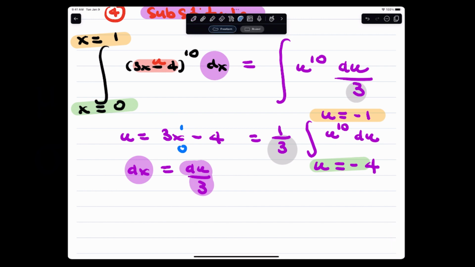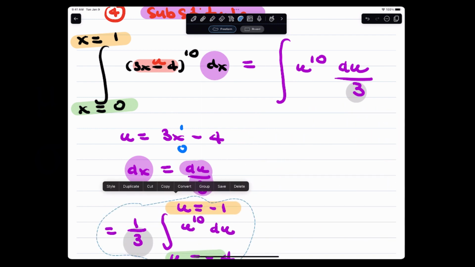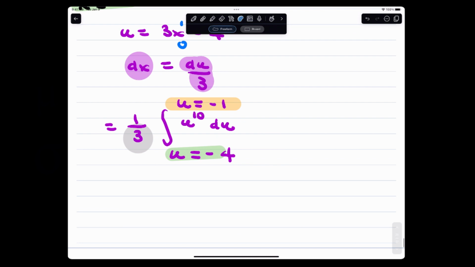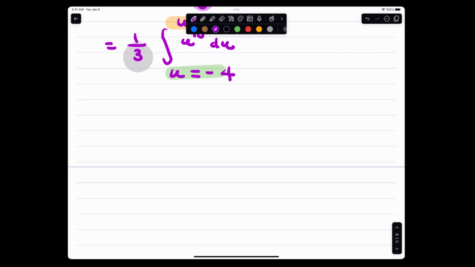And so what we just did, believe it or not, is u substitution. This integral now is really going to be 1/3. You integrate from negative 4 to negative 1, u to the 10th power du.